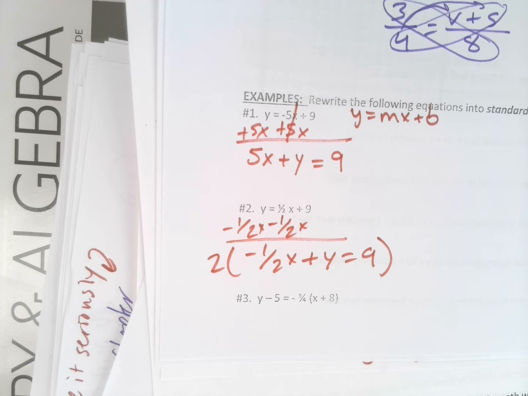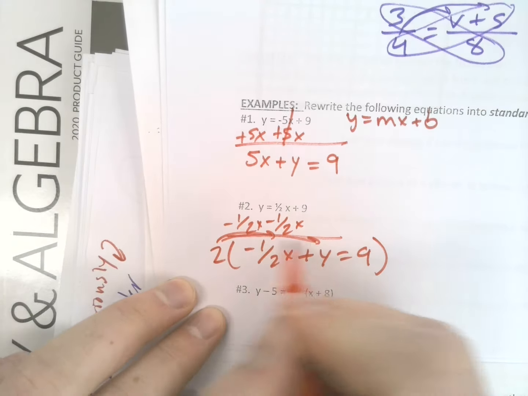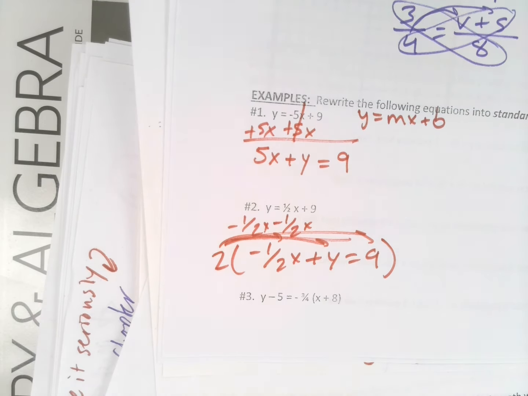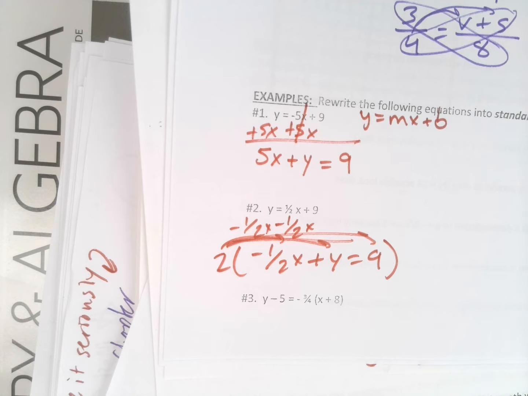When you multiply or divide in an equation, you have to multiply or divide every single term. You can't just do the first term. You have to keep this thing balanced. So you're really going to distribute that to all 3 pieces. I'll give you guys a second to see what you get on that one.